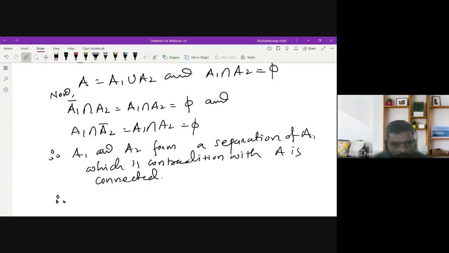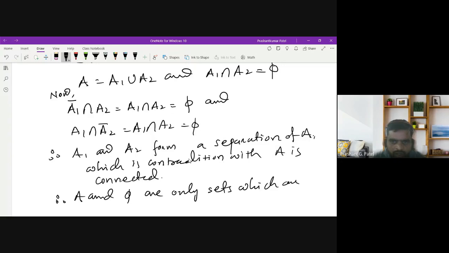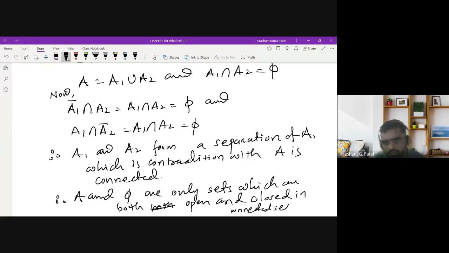So therefore we can say that A and phi are the only sets which are both open and closed in connected set A. So inside the connected set, the only sets that are both open and closed are two, which are A, that means the set itself, and the empty set.